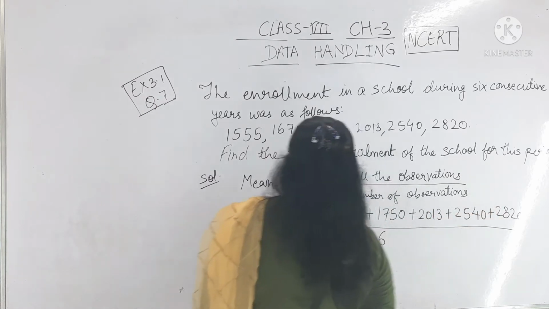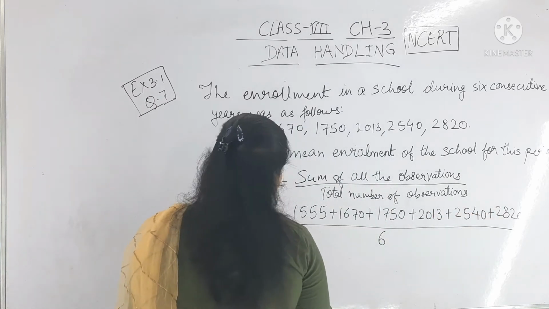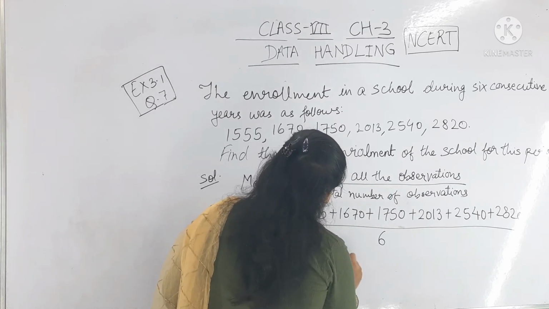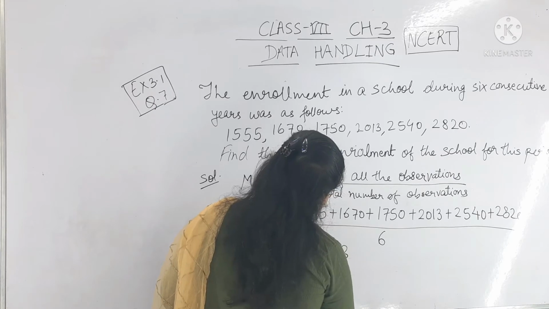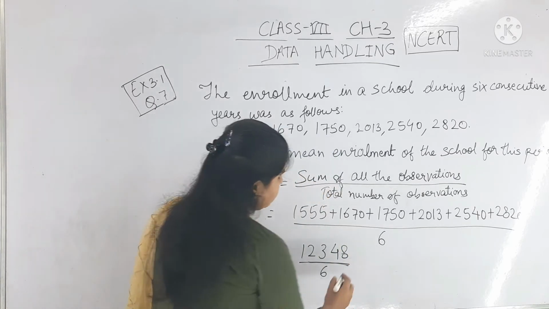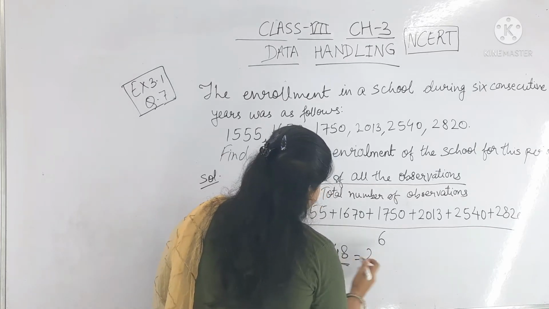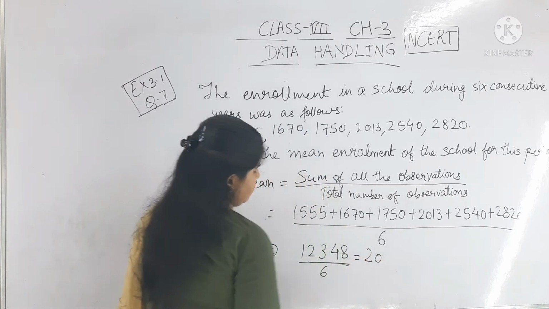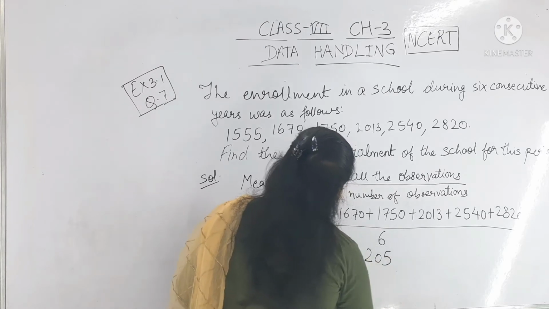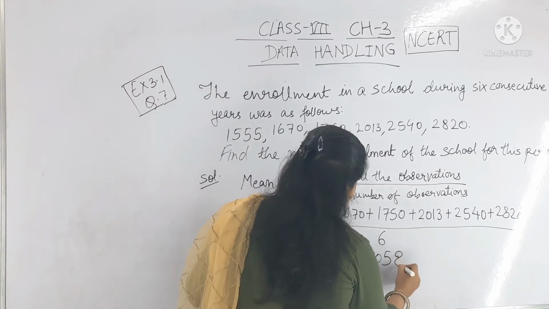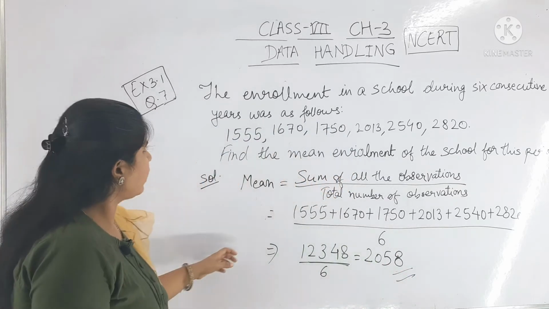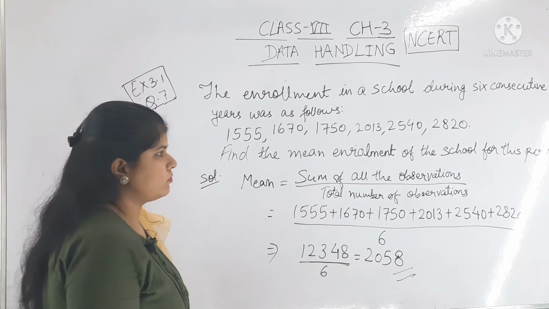Divide by 6. After adding, you get 12348, divided by 6. Now you have to divide by 6 here. 6 2s are 12, 6 zeros are 0, 6 5s are 30, 6 8s are 48. So you will get 2058 as the answer. Okay, this is question number 7.